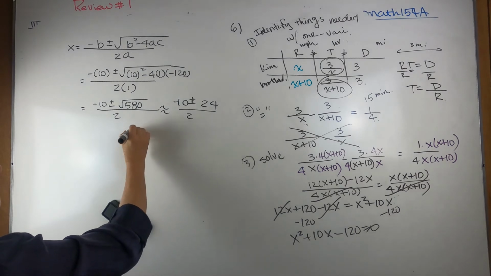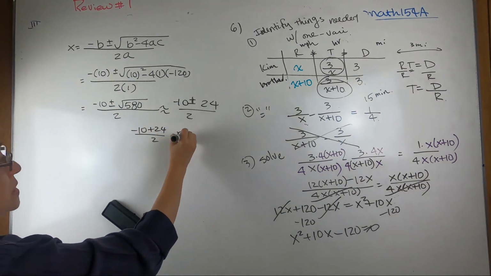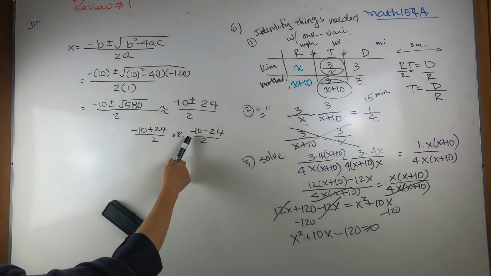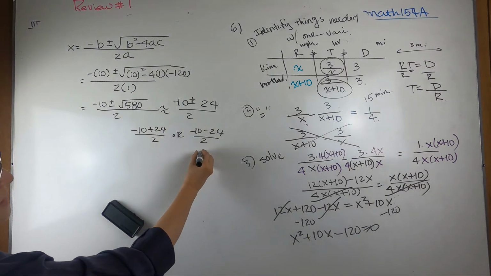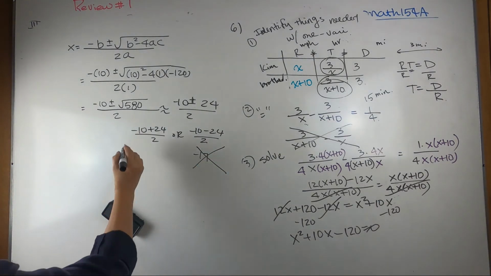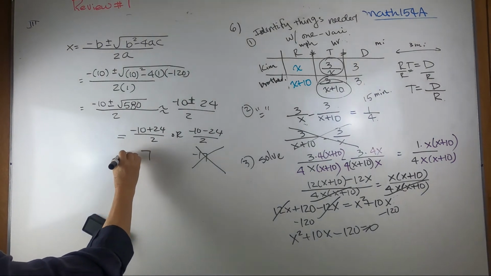You have two numbers, you need to separate them. Negative 10 minus 24 over 2, then this one will be negative 34 divided by 2, negative 17. Can your speed be a negative number? No, right? Then this one is 14 divided by 2, 7.